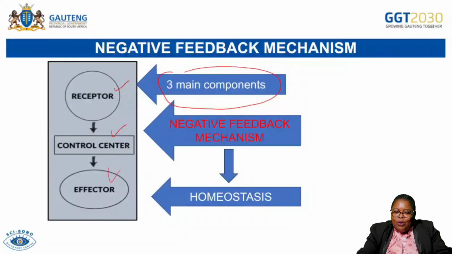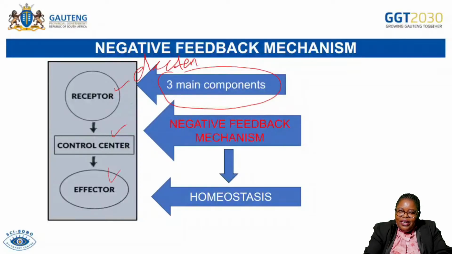Remember, because we are talking about the endocrine glands, they are secreting hormones, by the way. Right? So with the receptors, what are the receptors? Now, receptors, we know they are detectors. What are they detecting? We're saying they are detecting the imbalance of the hormones, right? So if the hormones are not balanced, the receptors are going to detect that. Now, with the control center, it controls the balancing of the hormones.